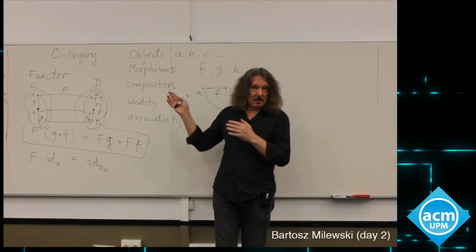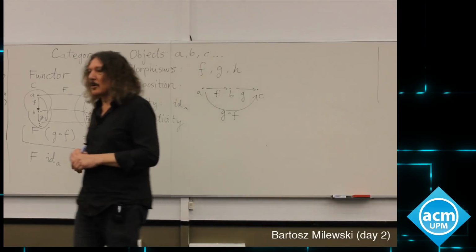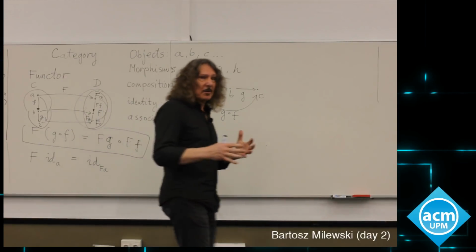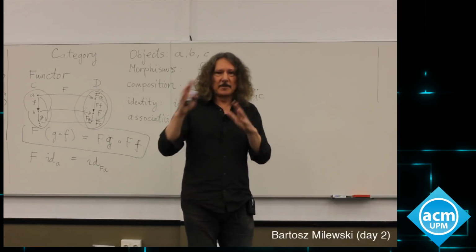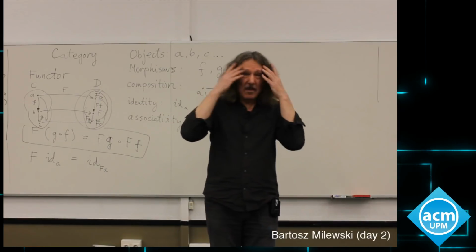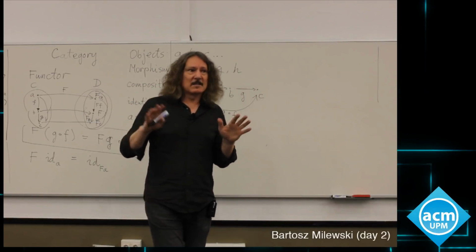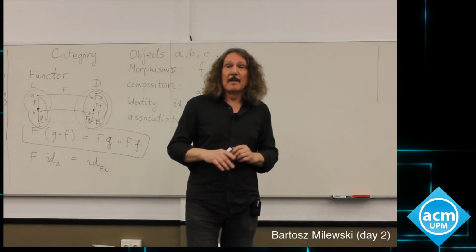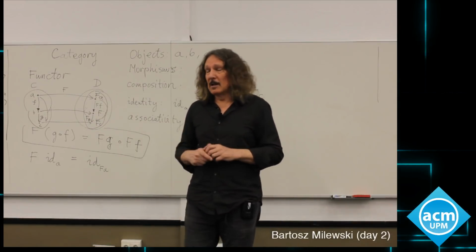So types are objects, functions are arrows. Because we have this one category most of the time, I mean, it's possible to also embed other categories inside of Haskell. But for now, let's say we had just one category of types and functions.